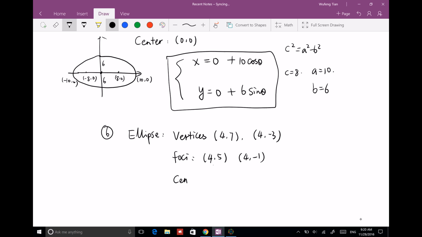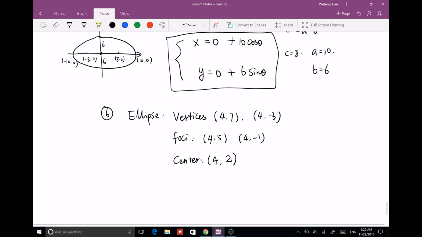And the center, you can see it's 4, so the center x value is 4. For the y value, 7 plus negative 3 is 4, divided by 2, so the center is 4, 2. So now I want you to write down the parametric equation for this one.